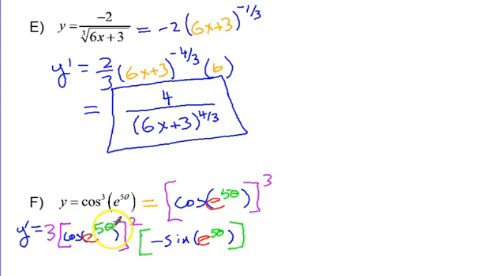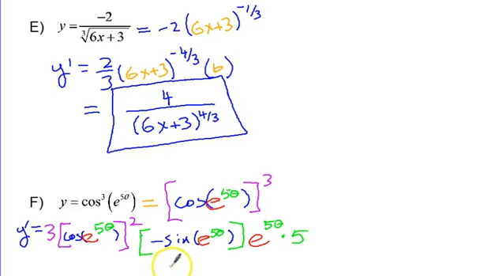So in this case, my g of x is 5 theta, and so I need to write the derivative, which is e to the 5 theta times the derivative of this inside function 5 theta, which is just simply going to be 5.